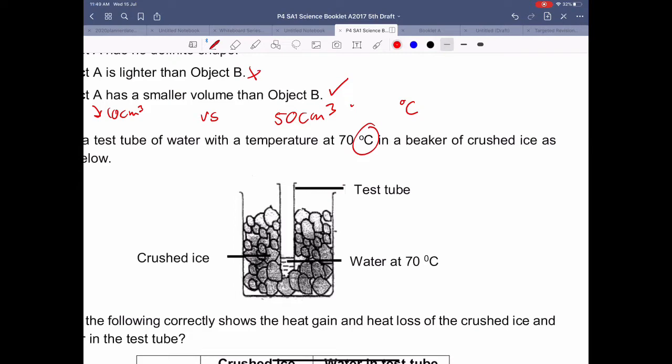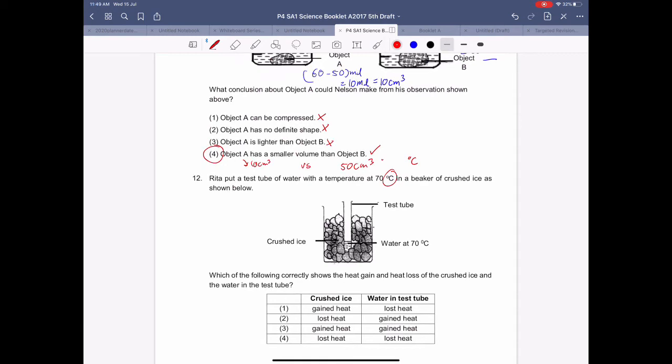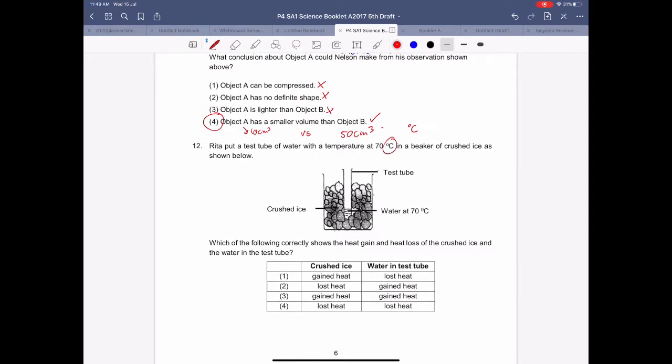This is called superscript. Now, which of the following correctly shows the heat gain and heat loss of crushed ice of water in the test tube?